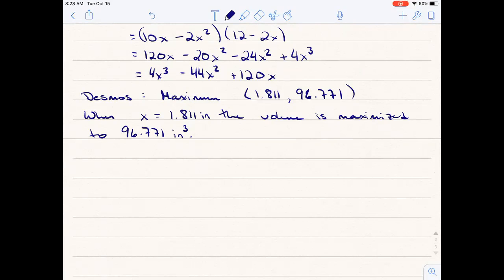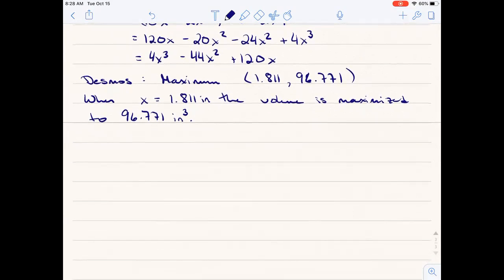But in all honesty, you should be using calculus for that, and that's not what we're doing here. So we use Desmos. If that was something I wanted you to do, on a test I would have to give you the graph from Desmos or something like that, with all those points.